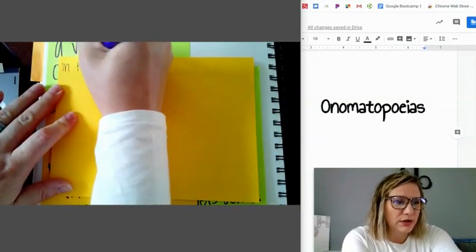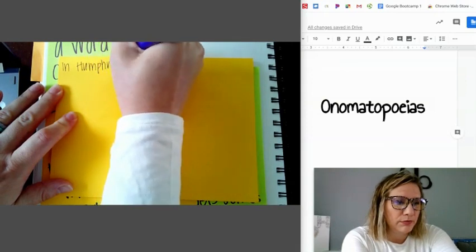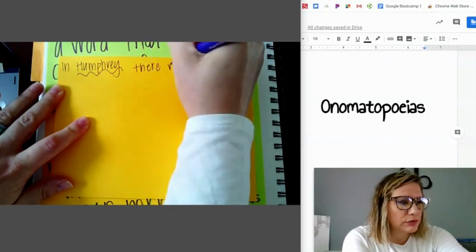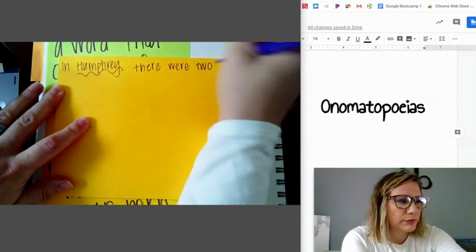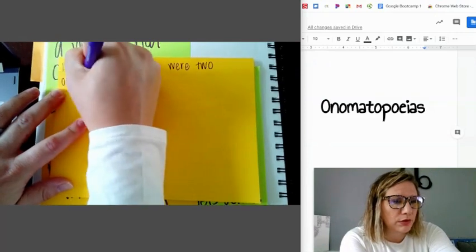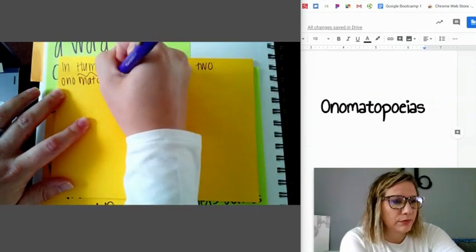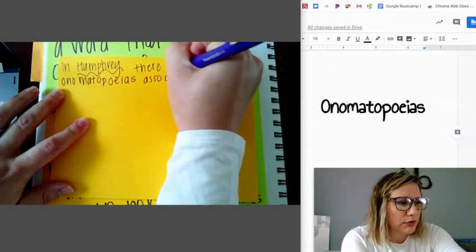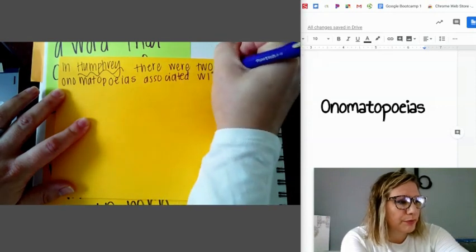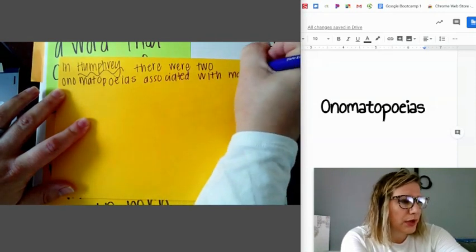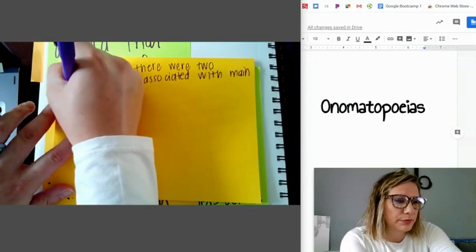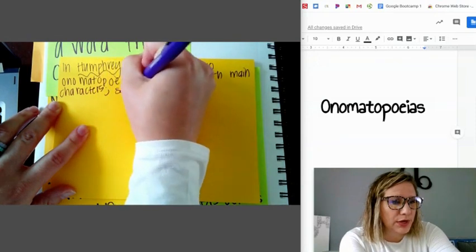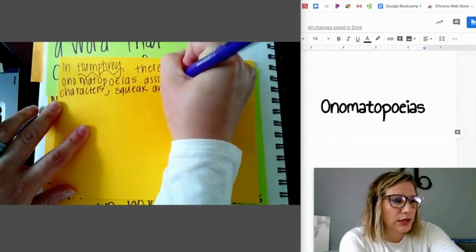So in Humphrey, there were two onomatopoeias associated with main characters. Squeak and boing.